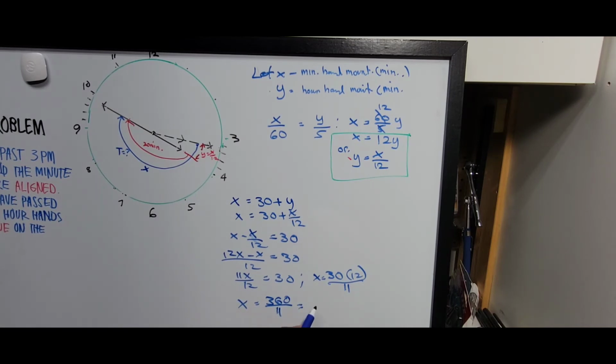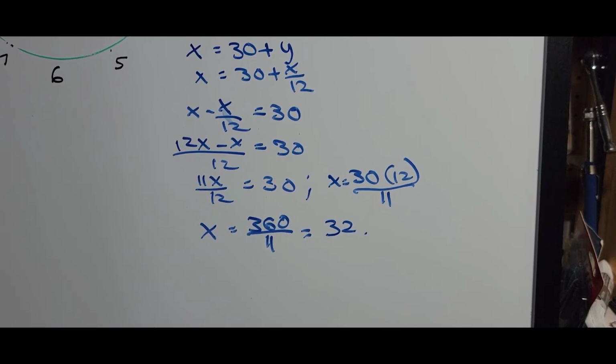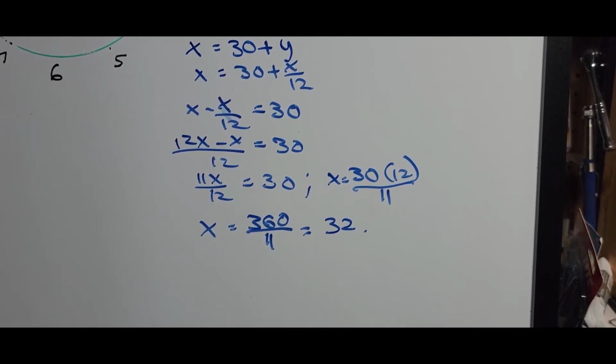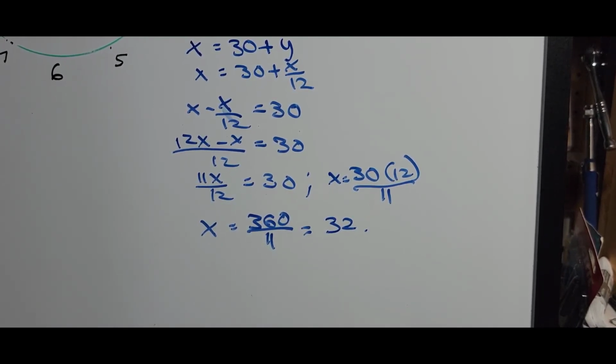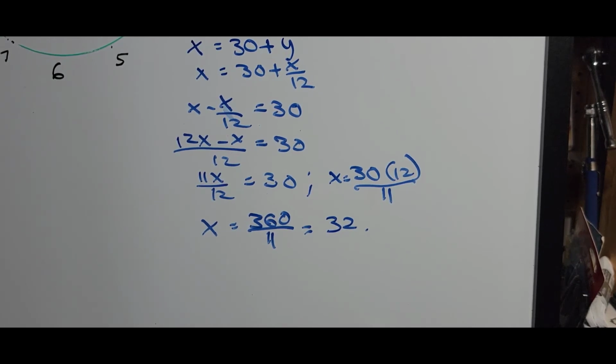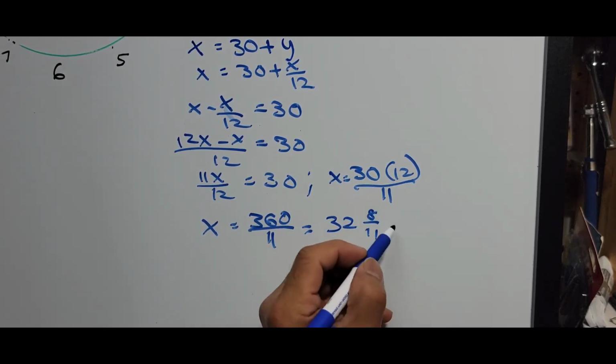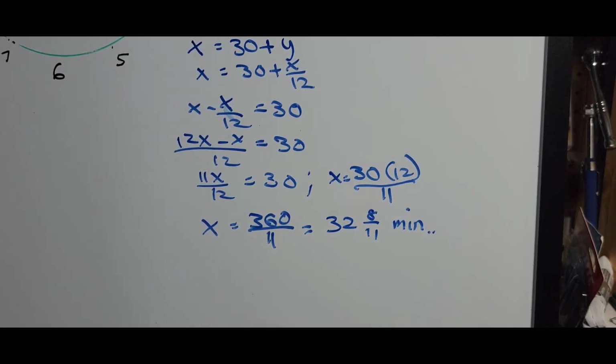That's 32 something, right? 32 point. So by doing the manual division, it comes out to 32 and 8 over 11 minutes. That's in minutes. If we convert that 8 over 11 minutes into seconds, 1 minute is 60 seconds, so times 60.